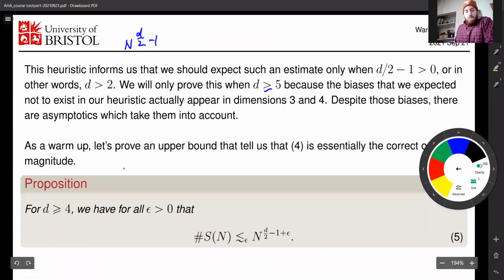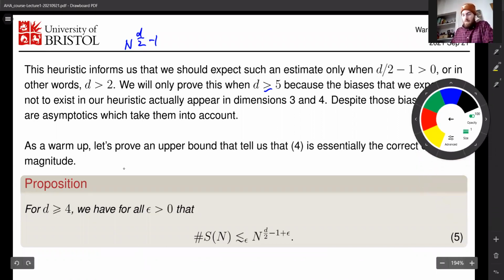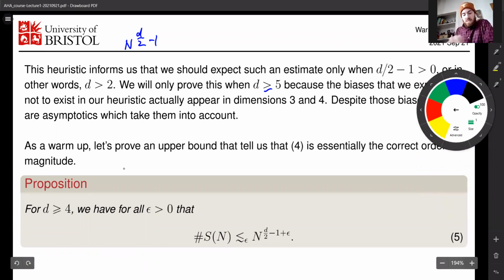But before we get started, let's show that we do expect that the upper bound we predicted by the heuristic is almost true. We're going to prove an asymptotic. That takes a bit of work. So to reward ourselves along the way, let's prove that we can get an upper bound that's almost the right shape.